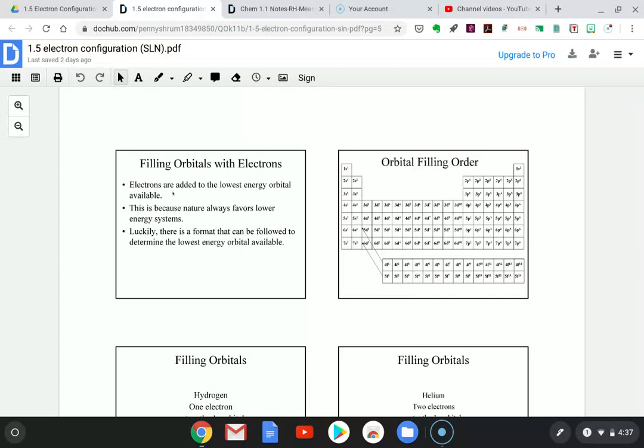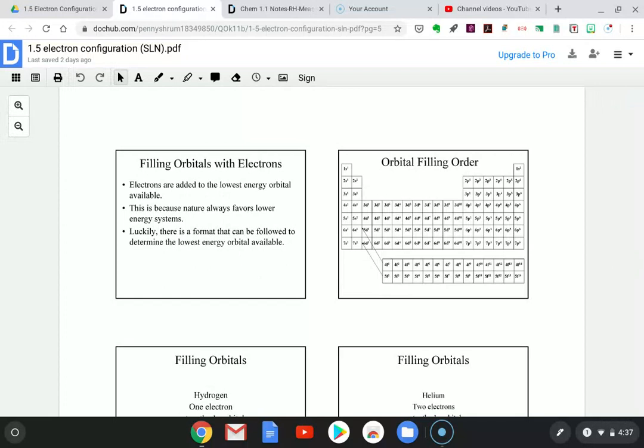Those electrons are added to the lowest energy orbital that's available. So they're going to fill the 1s orbital first before they start to fill the 2s orbital, and then they'll fill the 2s orbital before the 2p orbital, based on that energy level. This is because nature always favors lower energy systems.